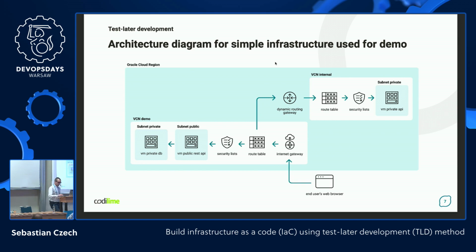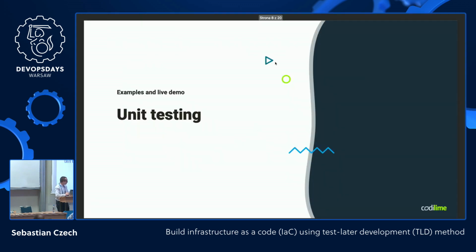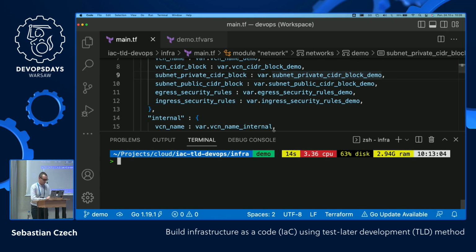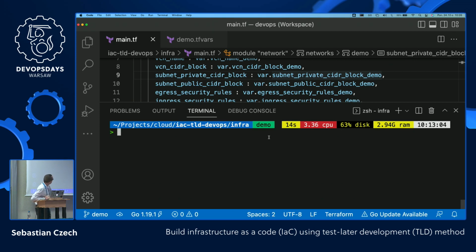So in a moment, I will switch to the code, and I will show you every type of test which we have in that test pyramid. So we will start from very simple tests, unit tests. I hope that it's visible. At the end of the lecture, I will also present a set of links.